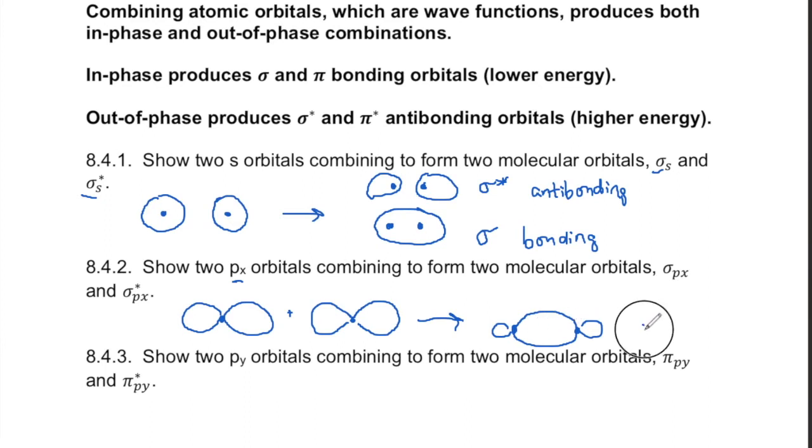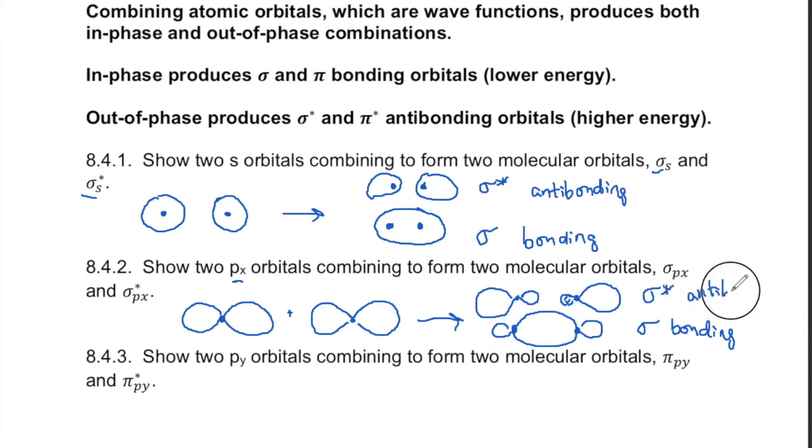So here we have our sigma bonding orbital. In the anti-bonding orbital, more of the electron density is pushed away from the other nucleus, so it's not bonding with it. So we call this sigma star, and it's an anti-bonding orbital.